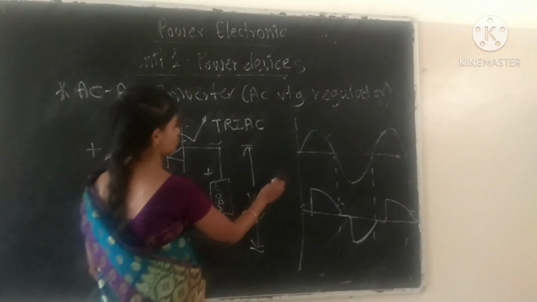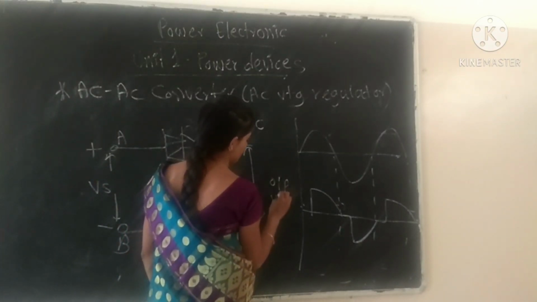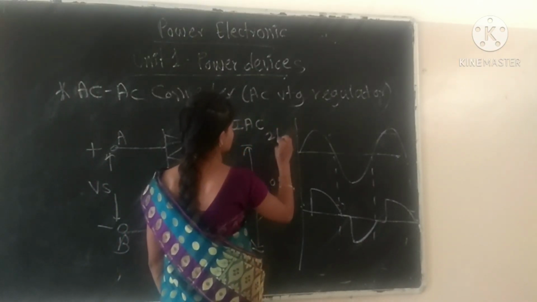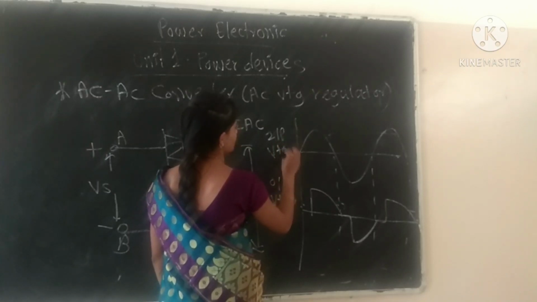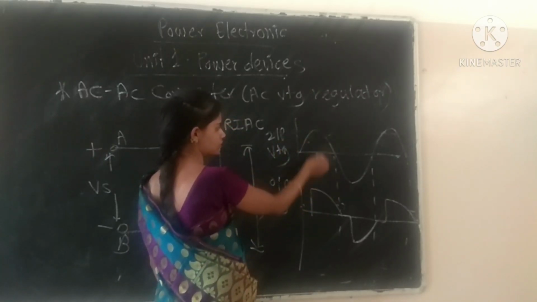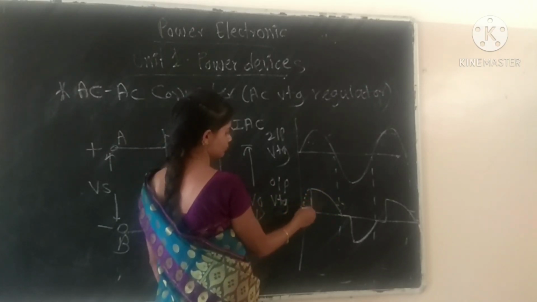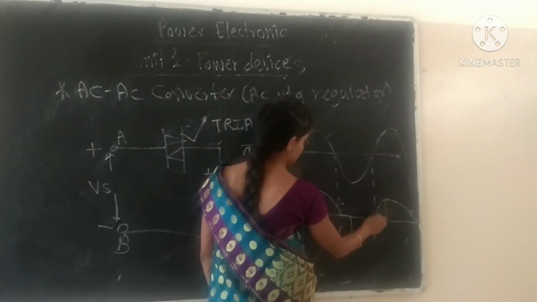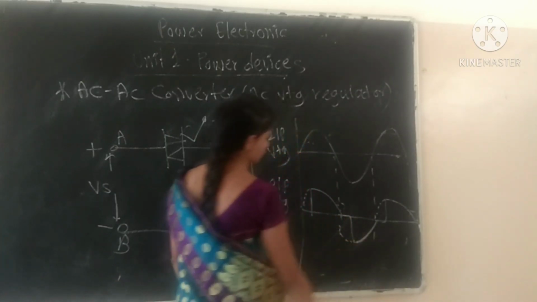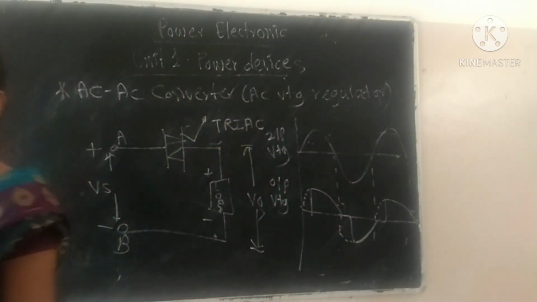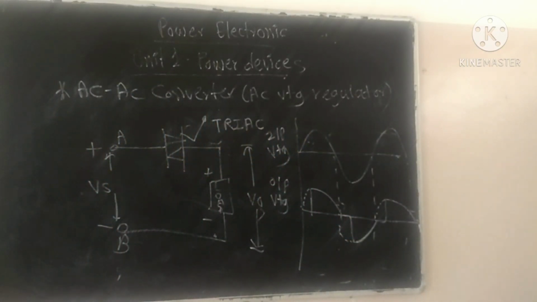This is the output voltage and this is the input voltage. The same frequency is present in input as well as output, but only the voltage gets changed. This is for the AC voltage regulator or AC to AC converter.